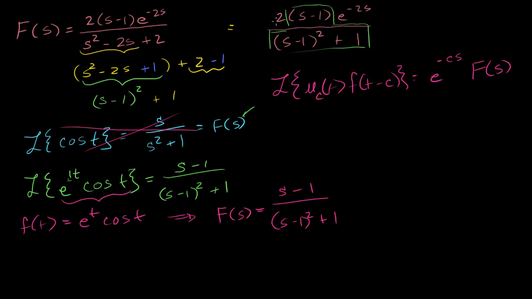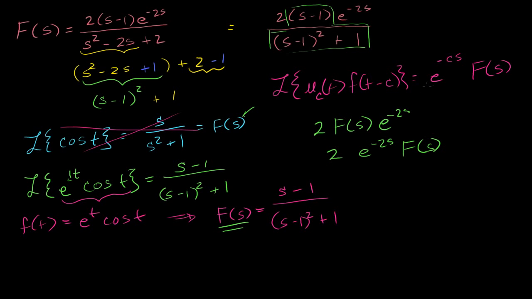Now, we have a situation here. Let's ignore the 2 here; the 2 is just a scaling factor. This expression right here, if this is our f of s, is equal to 2 times e to the minus 2s times f of s.